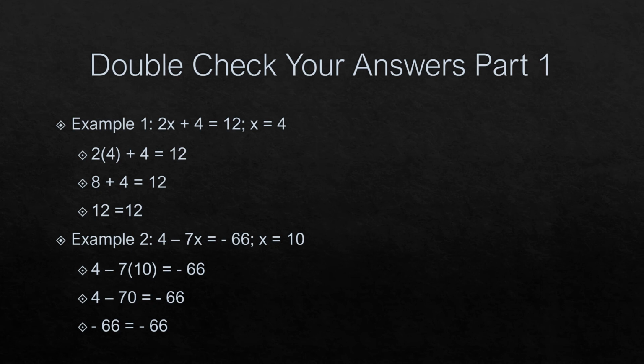Following the order of operations, I have to do 7 times 10, and we're going to keep that minus sign there, remember. The minus sign goes with the 7 term because it's to the left of the 7. So I'm going to have 4 minus 70 equals negative 66. I simplify and I get negative 66 equals negative 66. So it looks like we did examples number 1 and 2 correctly.